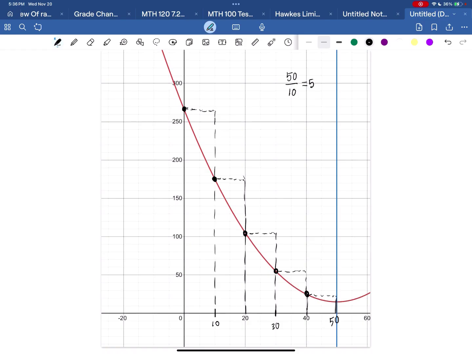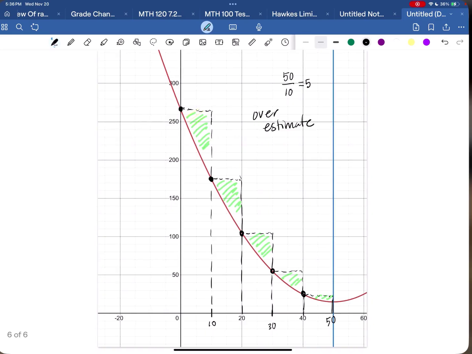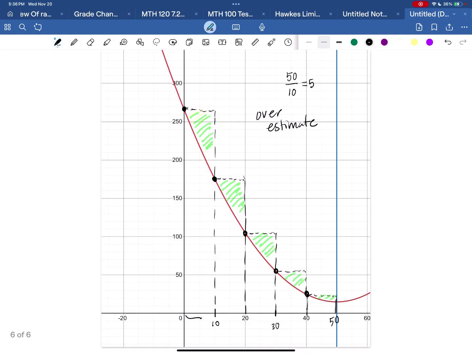Now you'll notice in every one of these we've got excess. Okay, that's extra stuff. Okay, so we're just getting an estimate. This is going to be an over estimate. Okay, now every one of these rectangles has a width of 10.